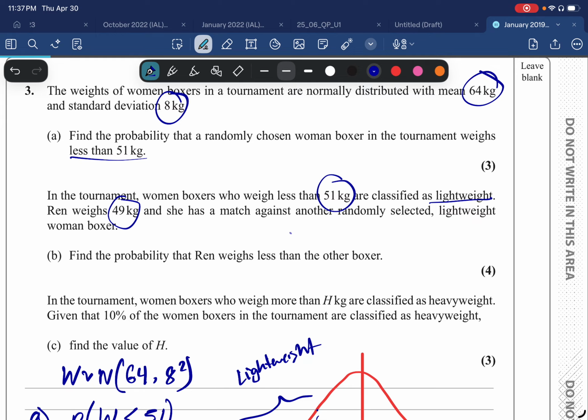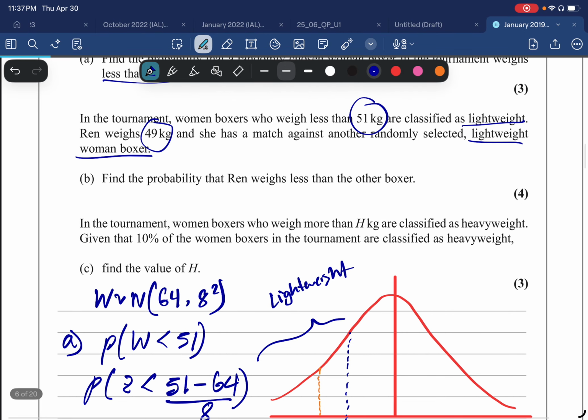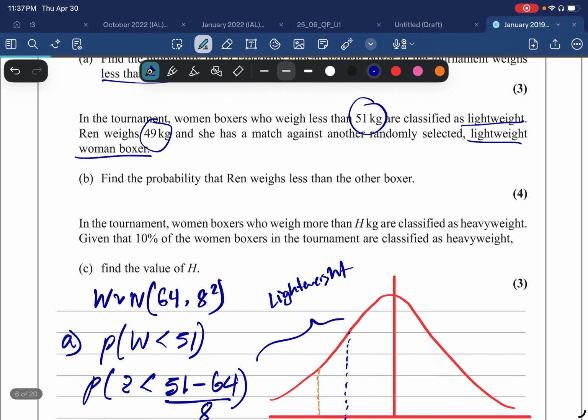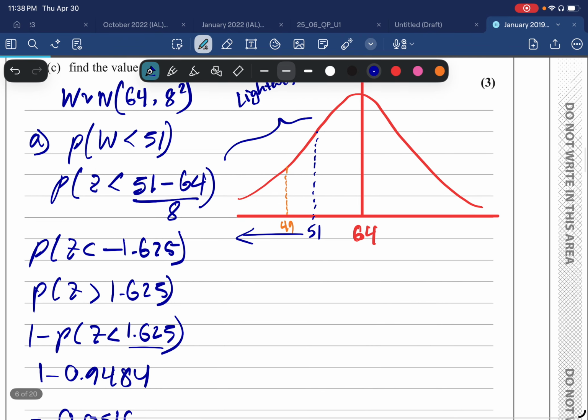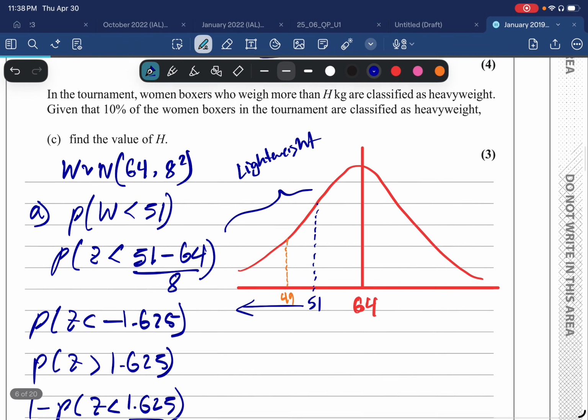So given that the person she is going to fight against is less than 51, find the probability that Ren weighs less than the other boxer. This is a given condition, quite sneaky actually.